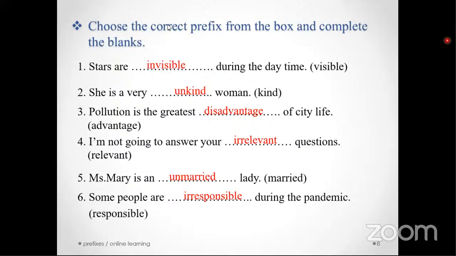Let's go to the next part. I think you may have finished this activity. If you couldn't finish, please take a screenshot of this activity. Later you can write them in your writing book. Right. Okay, let's go to the next slide, next part.